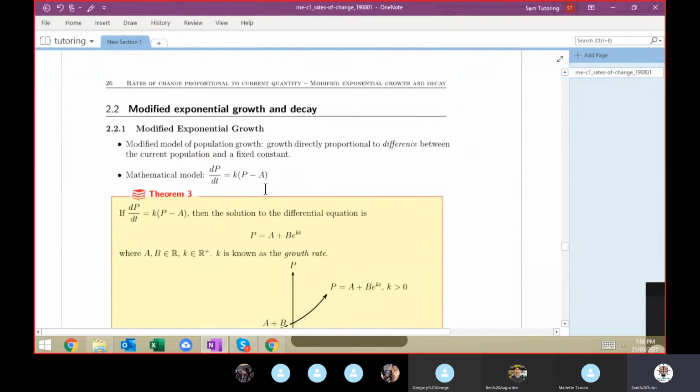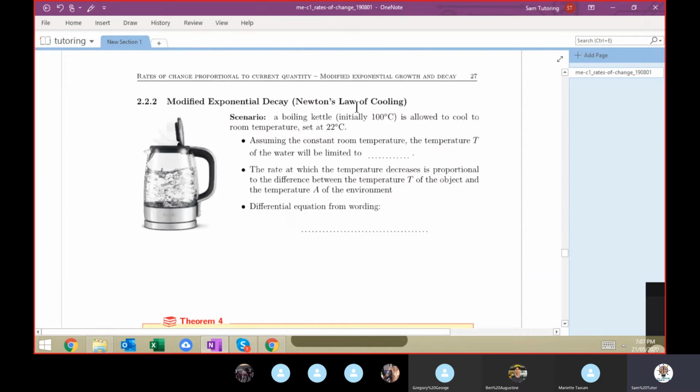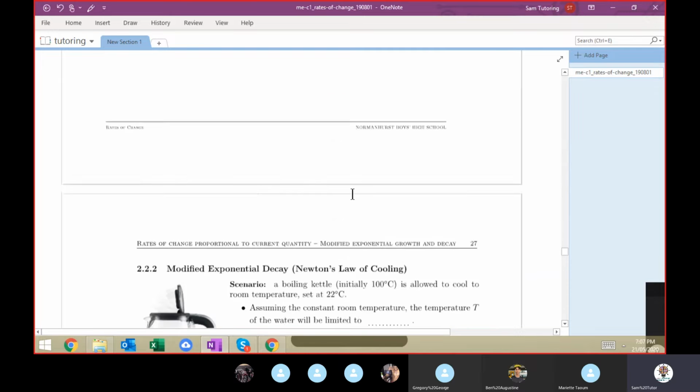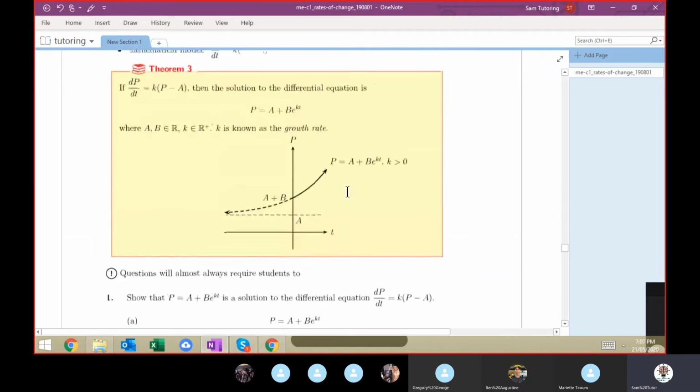So, I guess another application of exponential growth and decay is what's called Newton's law of cooling. The idea is that it will be an exponential decay or growth, but you also have an extra constant term, usually the surrounding air temperature.